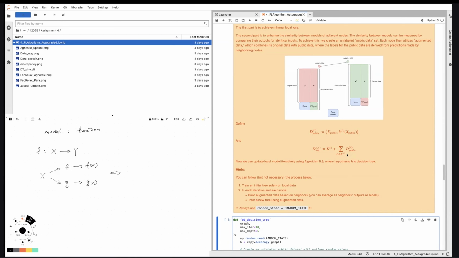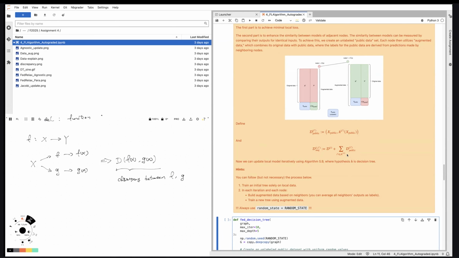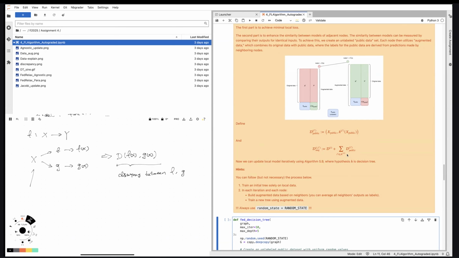Then we can measure the discrepancy between two functions by their outputs, so the difference between the output of function f and the output of function f prime. And the x here, because we cannot directly share our data with our neighbors, we need to build some public data. We denote it as x public.